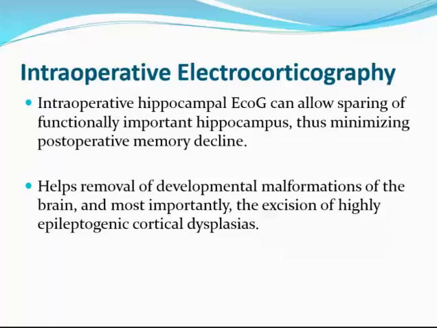Now we move on to ECOG. Now ECOG is usually used when there's intractable seizures or epilepsy, and there's a surgery that has to be done to take away part of the temporal lobe.